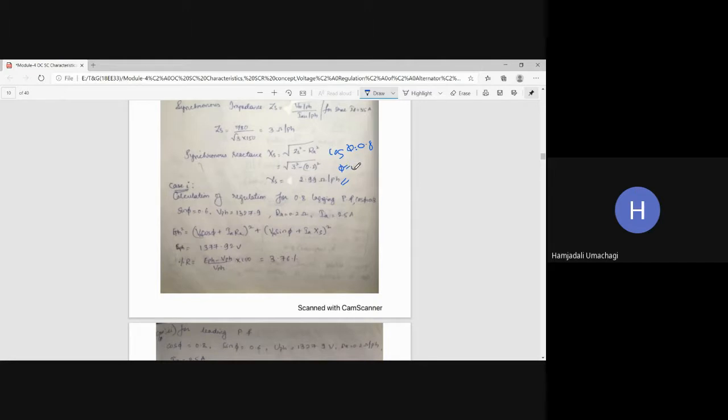What is cos inverse of 0.8? It is 36.869, that is the power factor angle. So cos inverse of 0.8 is 36.86 degrees, and this is my power factor angle here.